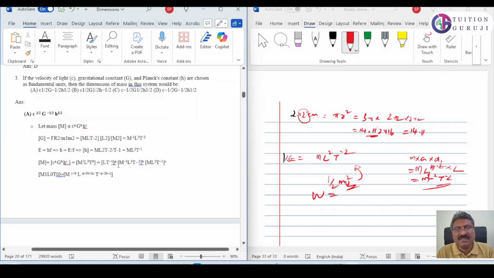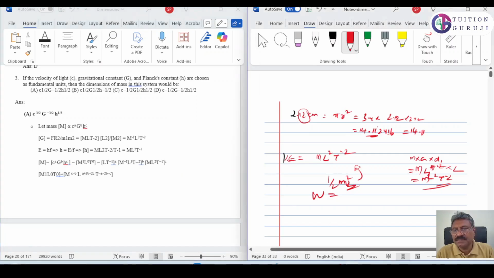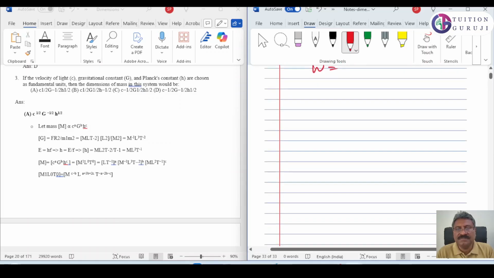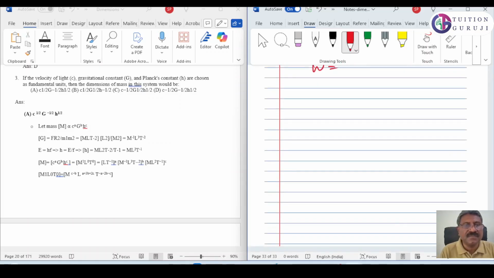How will we find out? Look at this. Velocity of light, then we have to find out the mass. So let us assume that mass is proportional to velocity of light raised to a, then gravitational constant G raised to b, then Planck constant H raised to c.